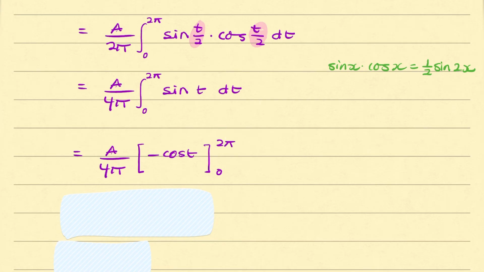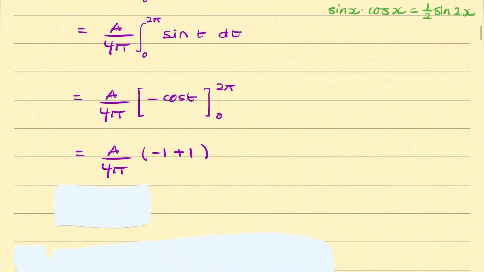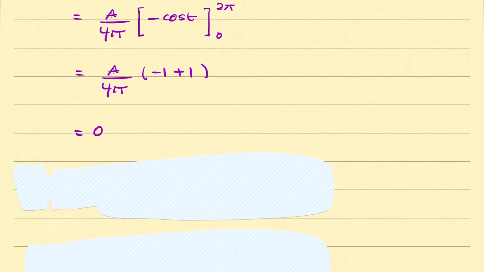And then you replace your limits, and cosine 2 pi and cosine 0 are both the same, so you end up with 0. So a1 equals 0, basically.